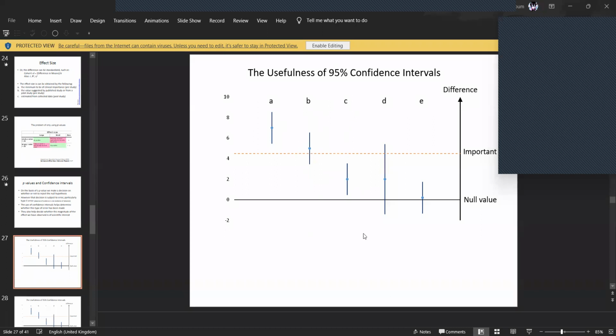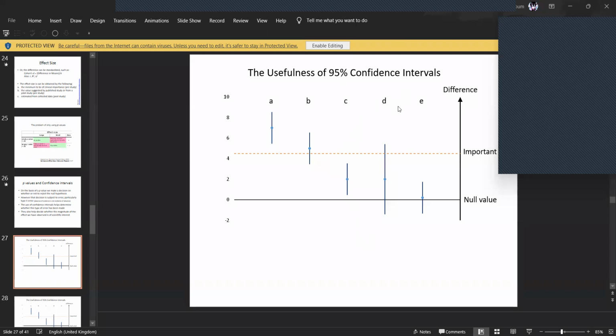Now for C, it is statistically significant because it isn't crossing the null value, but it's definitely not important because it's not even slightly crossing the important line.